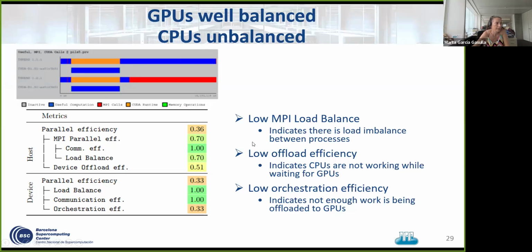What the metrics indicate is MPI load imbalance here. There's also a low device offload efficiency because the CPUs are not being used while waiting for the GPUs. And we also see a low orchestration efficiency because the device is waiting a lot of time for the CPU to offload work to it, because it doesn't have any kernel to execute.